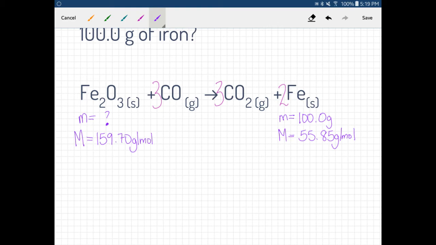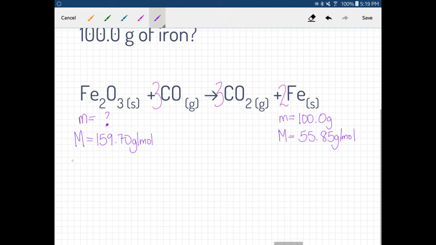So when I get this reaction, again, I'm going to start by calculating for my moles. So my moles is equal to my mass over my molar mass. And I wrote that on the wrong side. Mass over molar mass.